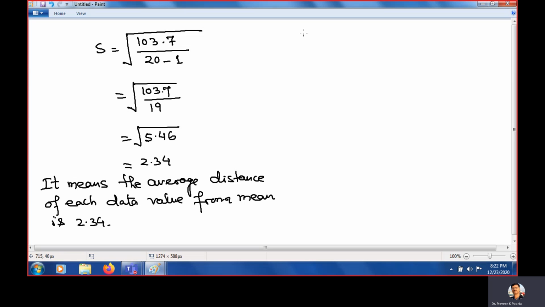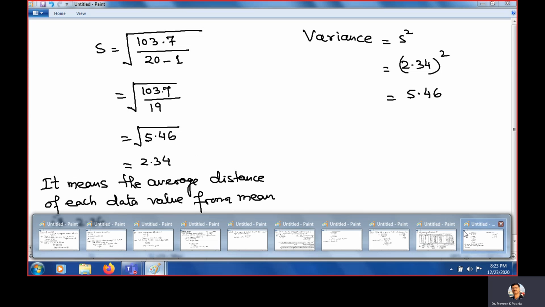Okay, now the variance. The variance is equal to S square, that is 2.34 whole square, and the answer will be 5.46. Okay, so this is the thing here.